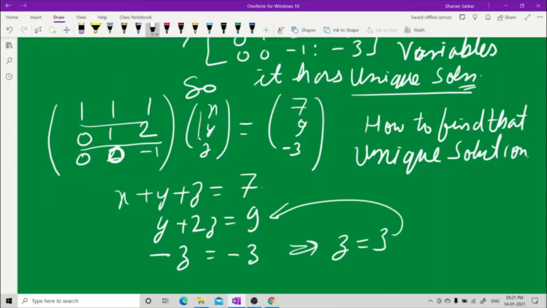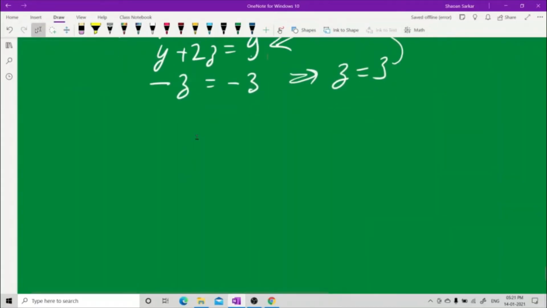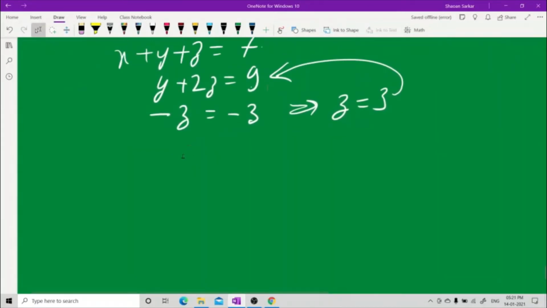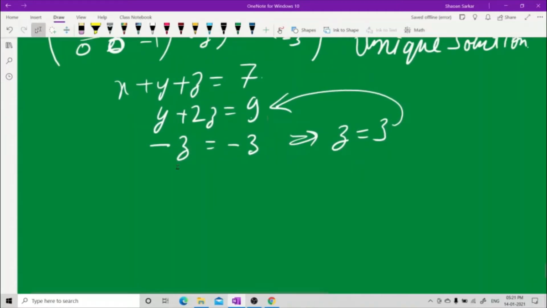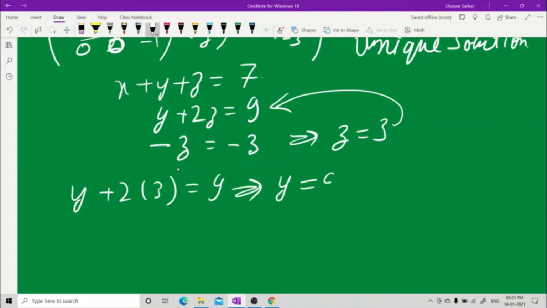Put this z in this equation. When you put y plus 2 into 3 is 9, that is y plus 6 equal to 9, so y equal to 3.